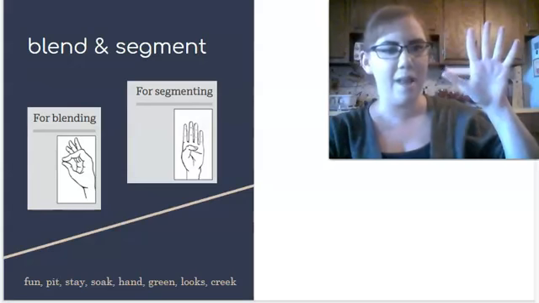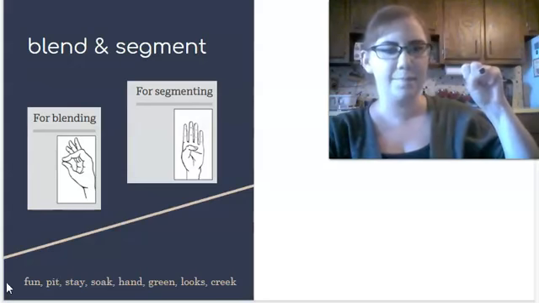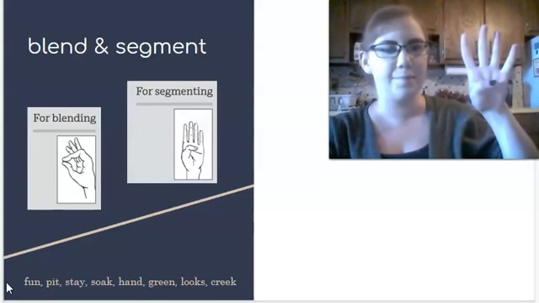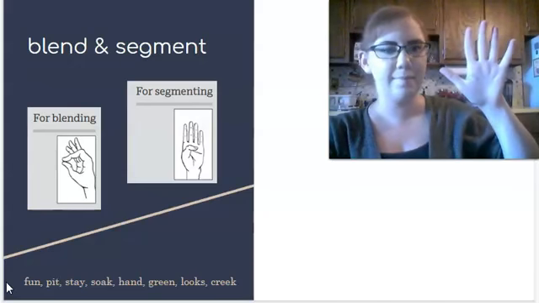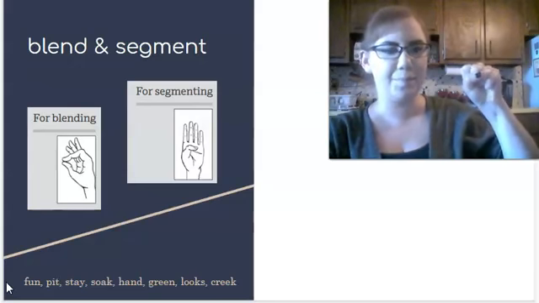Halfway through. Hand. 4 fingers for hand. Green. 4 fingers for green.